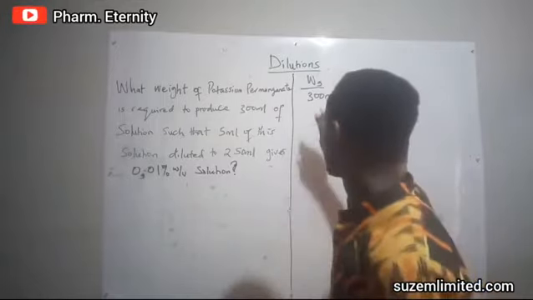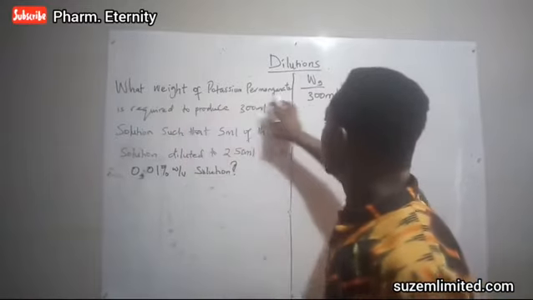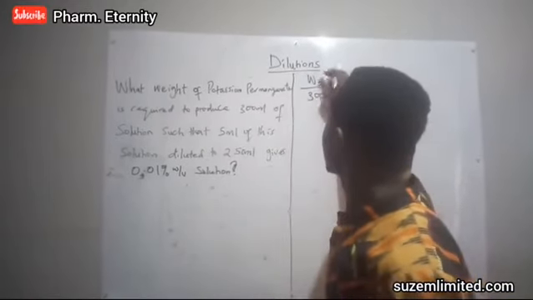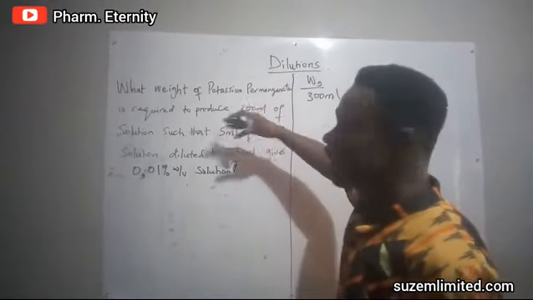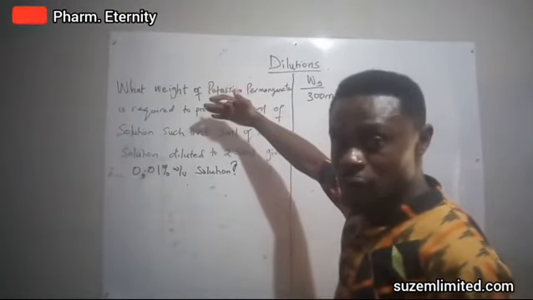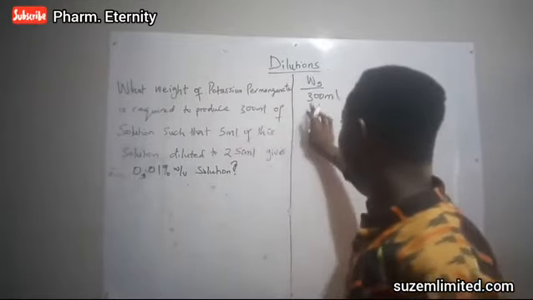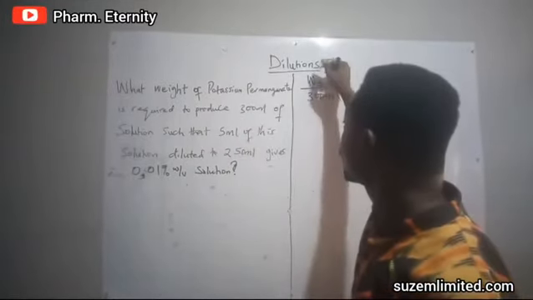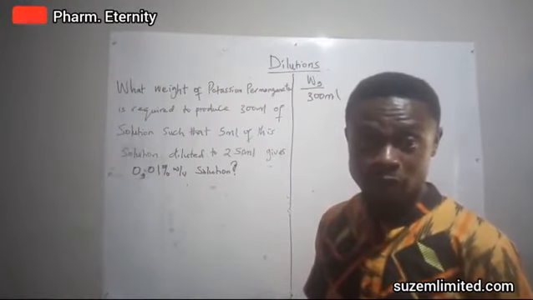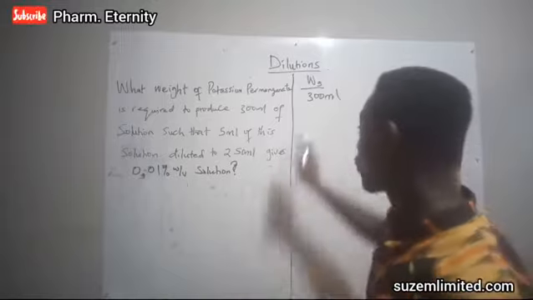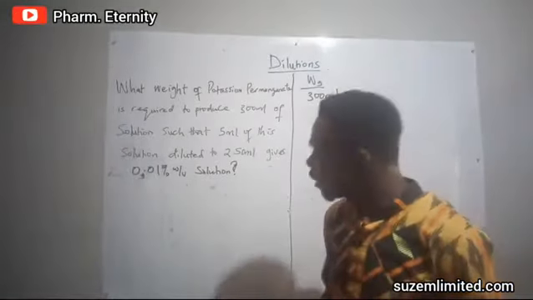That's the concentration of the solution produced by dissolving W weight of potassium permanganate in sufficient volume of water, and at the end making it up to 300 ml. This is the concentration, because we don't know the initial weight of the potassium permanganate that was used. We don't know, so we call it W. So the strength is now W over 300.